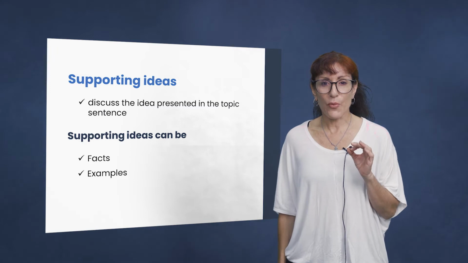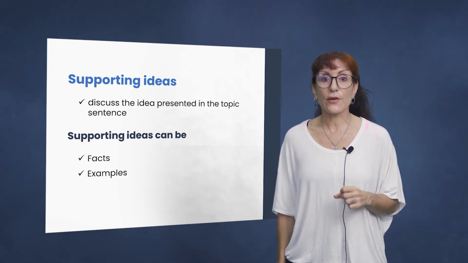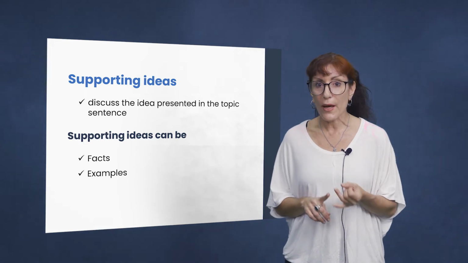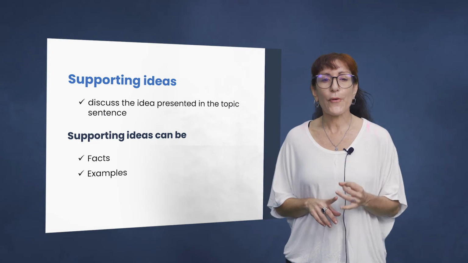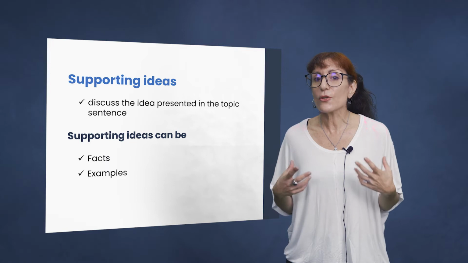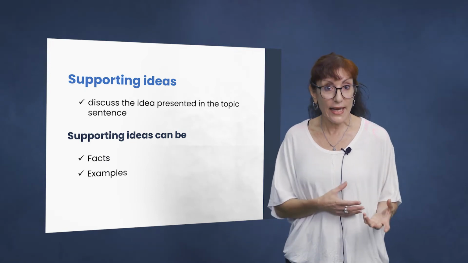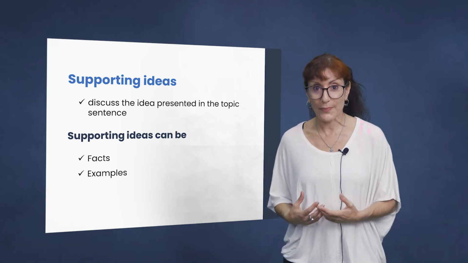Composing clear support for the main idea stated in the topic sentence is a task that requires good knowledge of the topic, but also very good use of the language with appropriate linking and signal phrases that will engage your audience and help them navigate and understand the text you're writing about with ease.